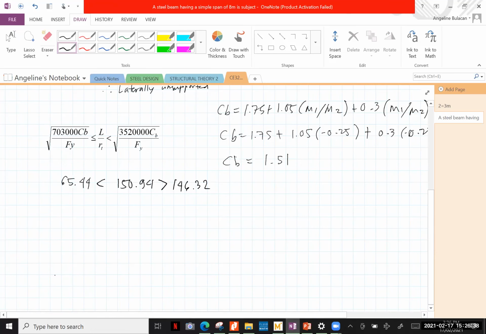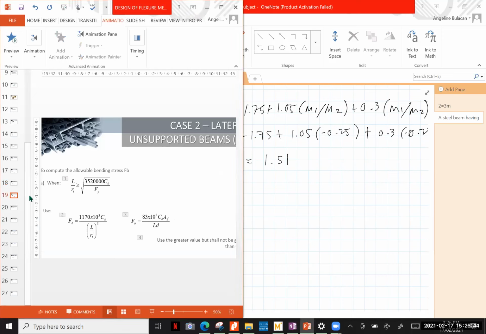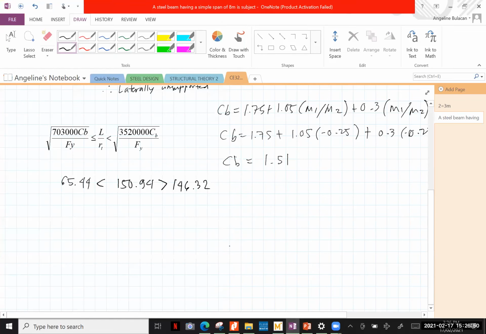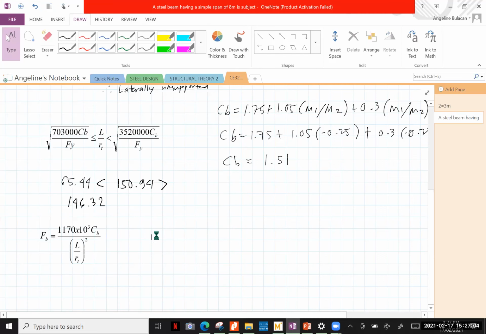Hindi yung isa, so yung pangalawa, ang pangalawang equation, lagay natin. So, this is case 2, mas greater siya sa L over RT. So, ito yung dalawang equation na gagamitin. Copy natin. Ito yung gagamitin, dalawa yan. Copy natin. Mas madali.